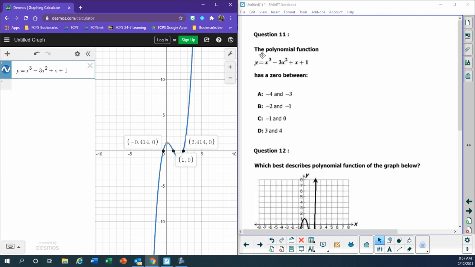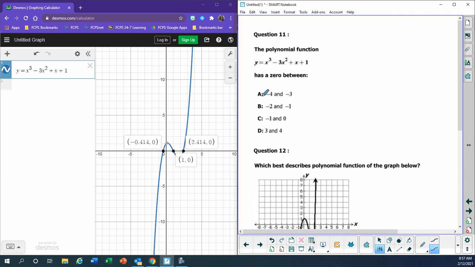All right, the polynomial function has a 0 between which numbers? So it says between which two numbers? So from -1 all the way to 3. Well, I guess so, I have one from negative, so between -4 and -3, do I have a 0? No. So let's just do one at a time.